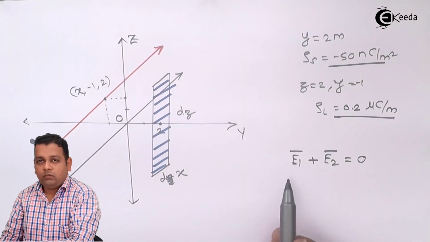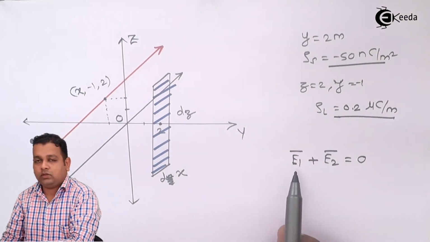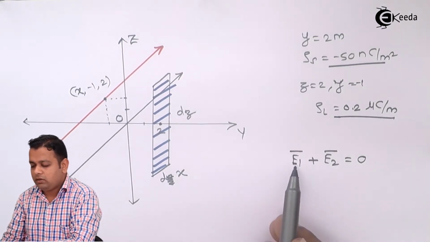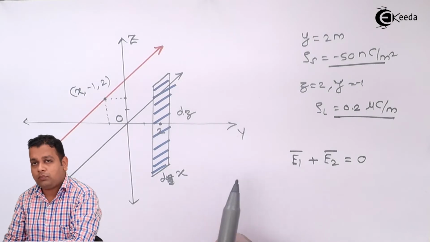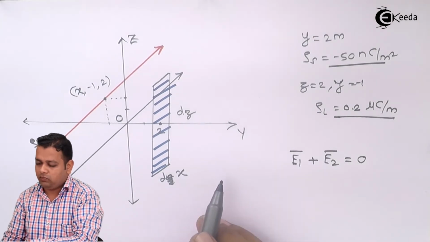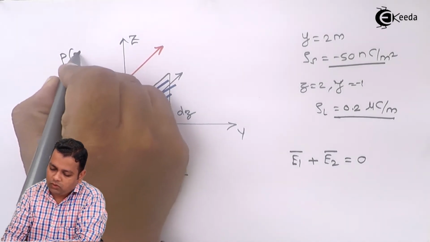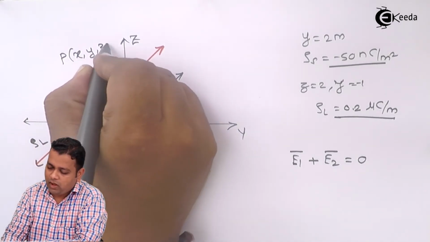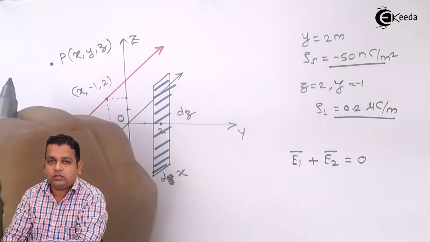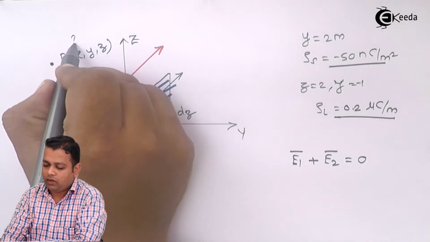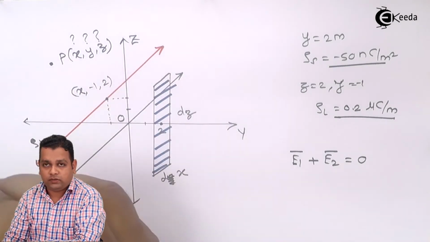So now, first of all, let us look at the formulae for E1 bar and E2 bar. As E1 bar is the electric field at the field point P, we consider, let us take the field point P to have the coordinates x, y and z in the space. Now we are supposed to find out the values of x, y and z.